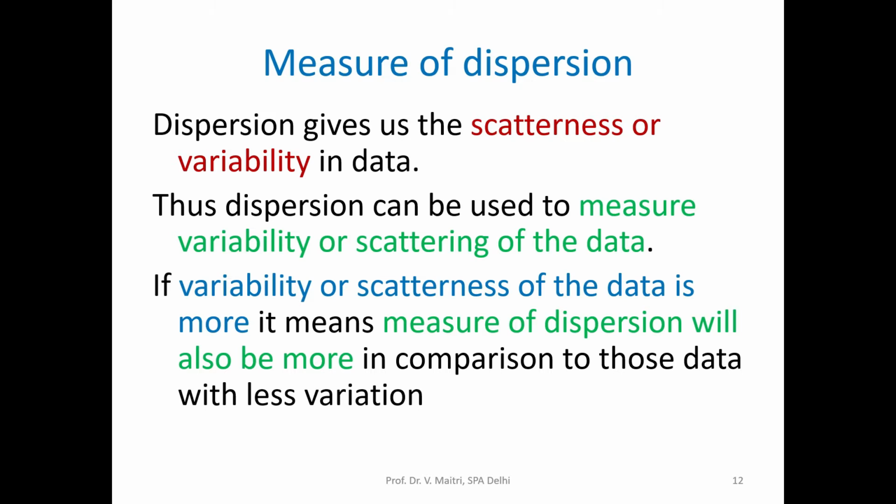If the variability or scatterness of the data is more, the measure of dispersion will also be more in comparison to data with less variation. If variability is less, dispersion is less. If variability is more, dispersion is more.